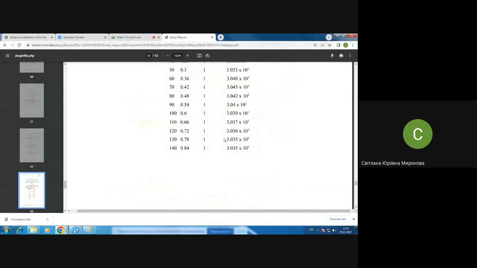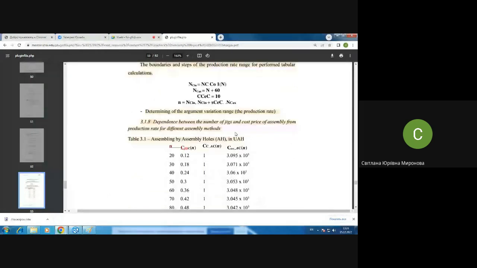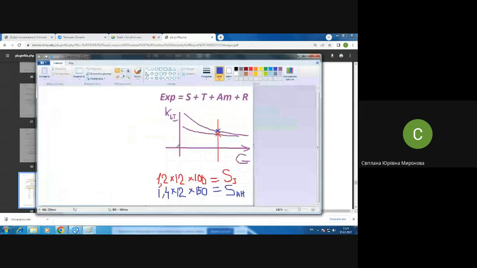It's for tooling, and so on. Guys, right now I will not search for it in this example. The idea is that we are calculating explanations like in front of you. You just need to follow the same. Maybe the values of wages and so on are a little bit different.